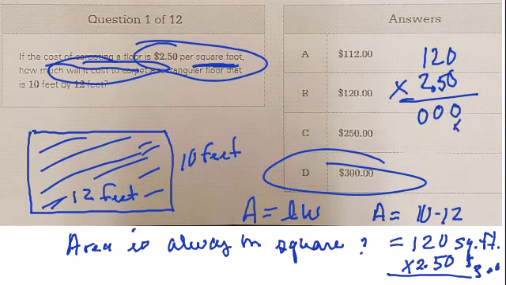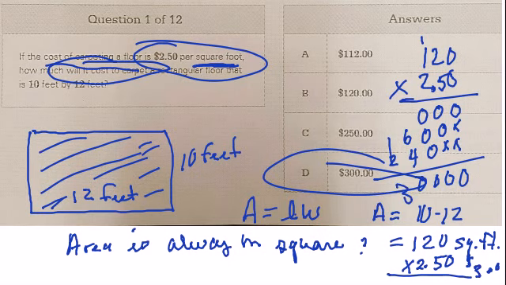Leave a space. 5 times 0, 5 times 2 is 10, and carry the 1. 5 times 1 is 5, plus 1 is 6. And then I do 2 spaces. 2 times 0, 2 times 2, 2 times 1. And then we just add. And remember, this is the number of decimal spaces we go over, 1, 2. And as you can see, we get 300.